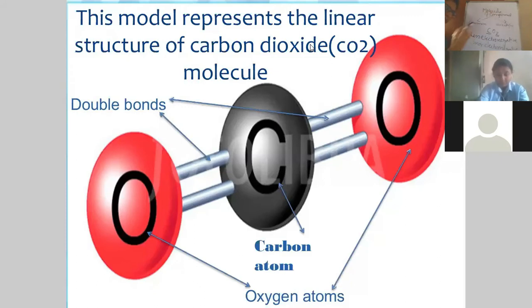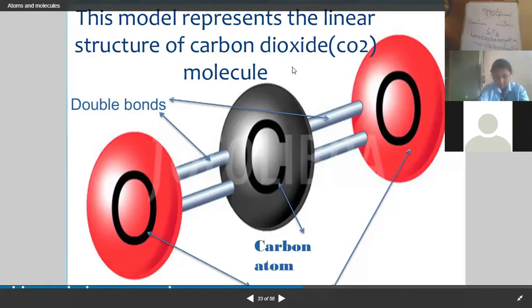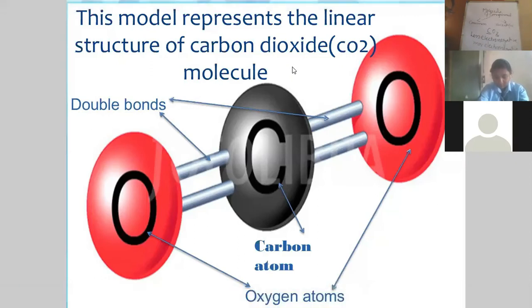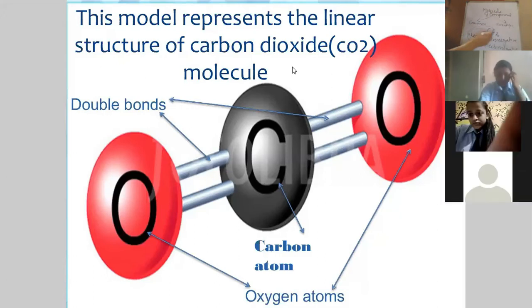First, we must write the name of the less electronegative element, followed by the name of the more electronegative one. Like here, carbon is less electronegative and oxygen is more electronegative, because there are two atoms.